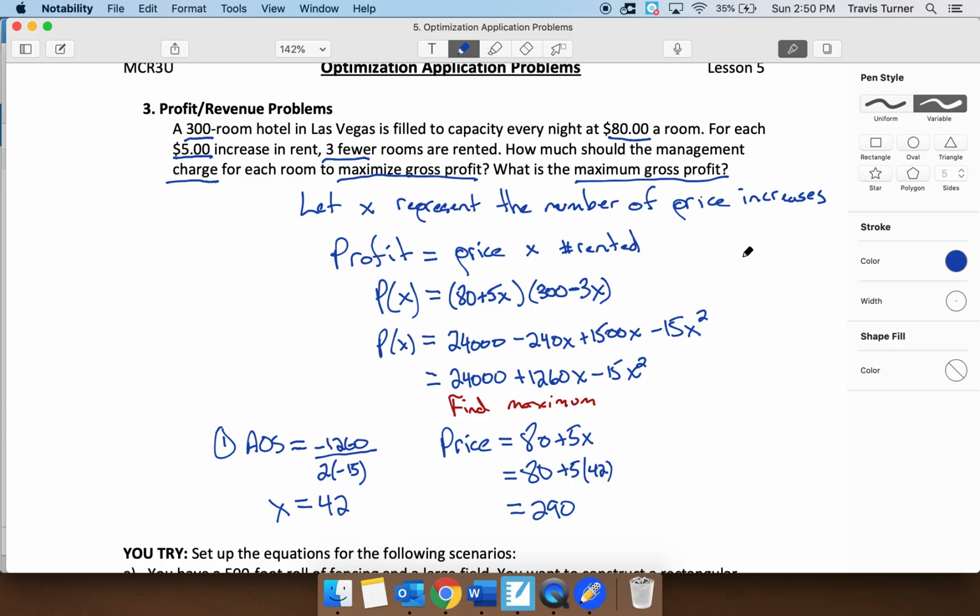And the maximum profit, so that means I want to get my whole overall profit. So this was number 2, and now we're at the third step here. P at 42, I need to sub in 42 for x in my original equation. I'm afraid I'm going to run out of room here.